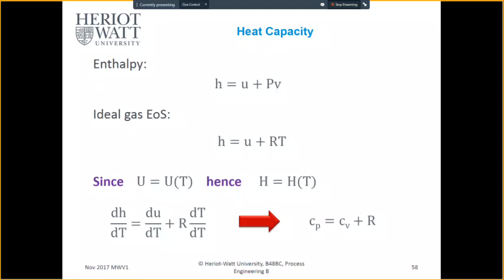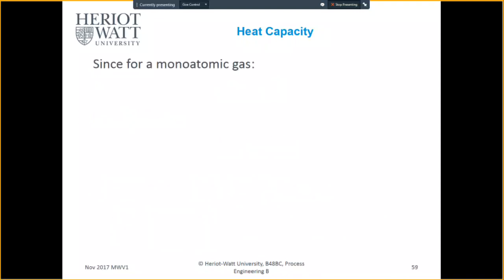But then if you measure Cp, you can calculate Cv because you have the universal gas constant, and you can use that in various different applications, for refrigeration, whatever you're using, because you need the heat capacity.